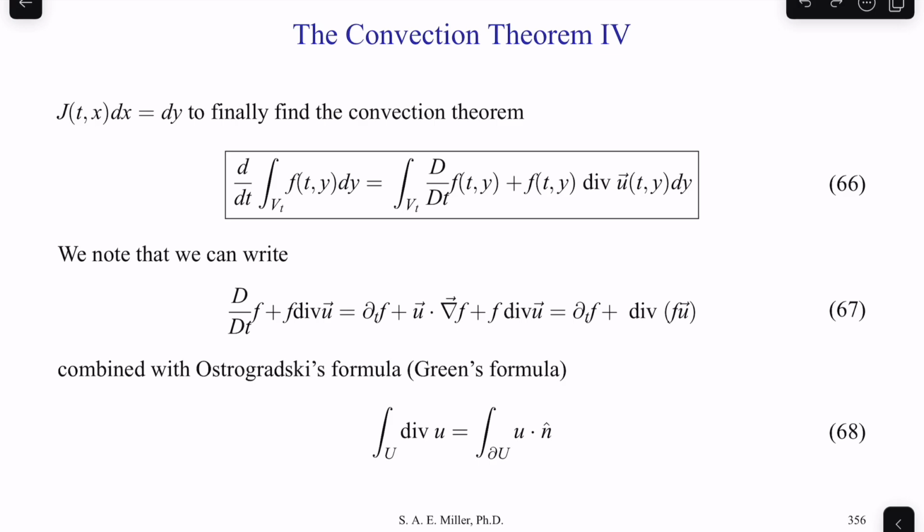Using Green's formula, we can take the divergence of u in a volume and write it, of course, as a surface integral of that same velocity field u dotted with the normal unit vector on the surface.